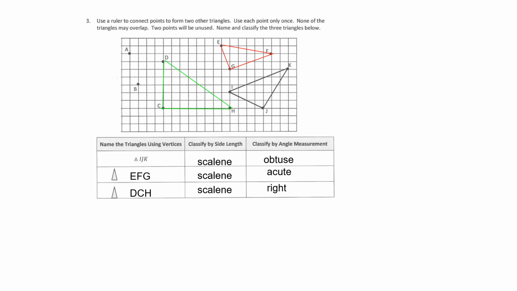But I made EFG, and that is scalene because all three sides are a different length, but all three angles are acute, so it's an acute triangle. And then I made DCH, and I made sure it had a right angle, so it's a right triangle, but it's also scalene because all three sides are a different length.